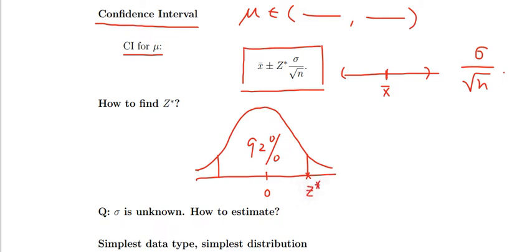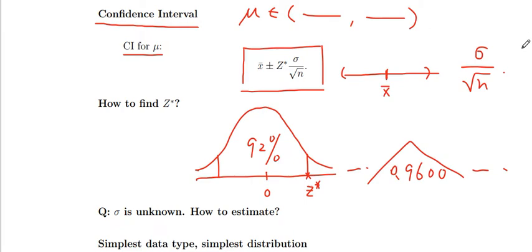How do we find z star from the table? If this is 92, then all the way down is 96, because 4% here and 4% here. So we check 96 in the table, check the neighborhood, and then we can determine this cutoff point, z star.